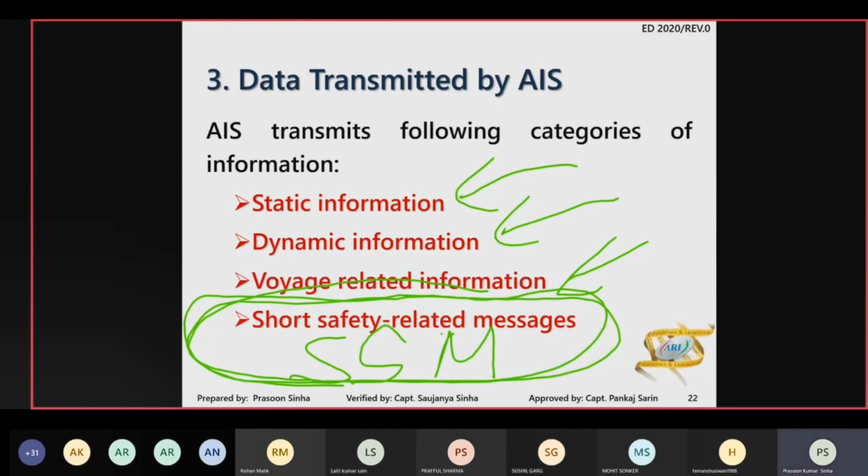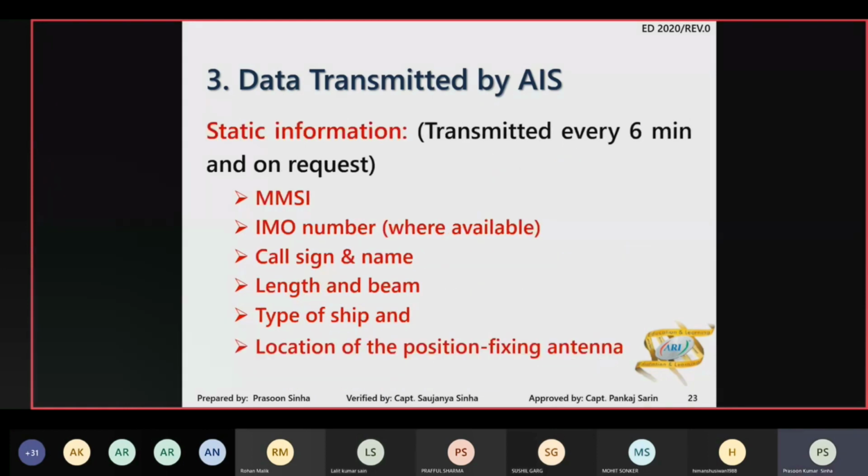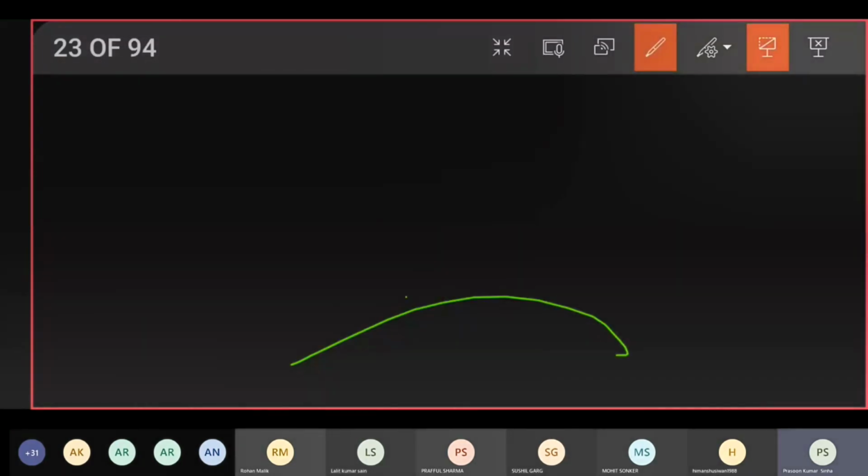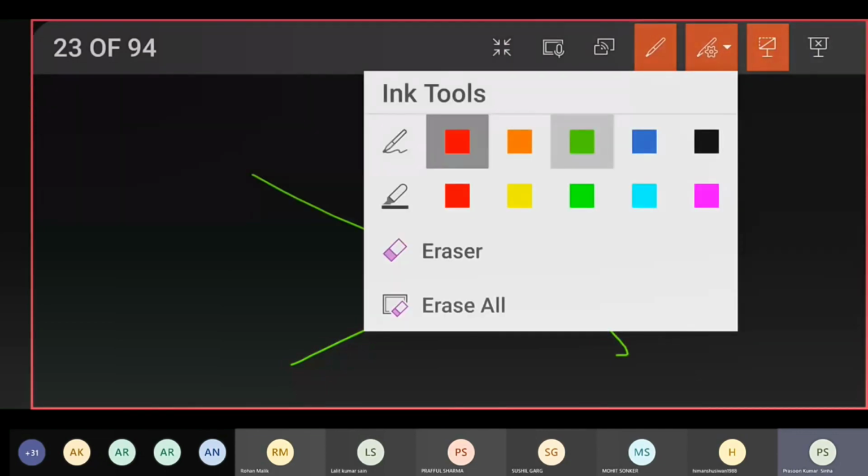Additionally, there is one more information to indicate where the antenna is fixed. The ship's position is basically the position of the antenna, because the GPS is working with this. If the ship has the antenna here, all calculations are done from this antenna itself.